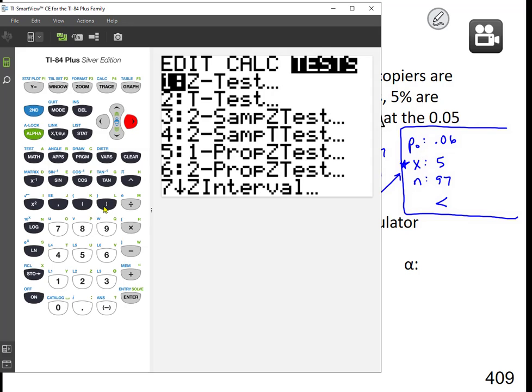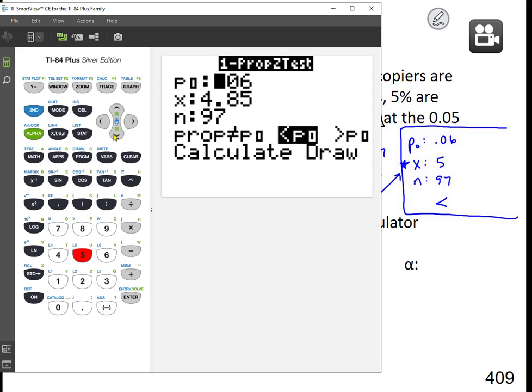What I did want to show you is that under the x value, you can actually put 0.05 times 97 right there. When you press enter, it'll give you the 4.85. You round it in your head, go back, and type the 5 on top of the 4.85. Now everything is a whole number, and we can draw.